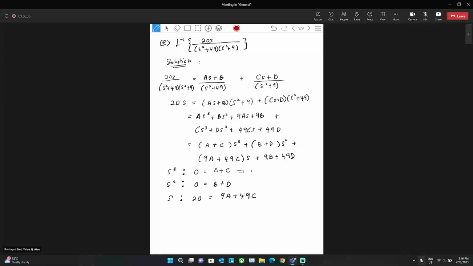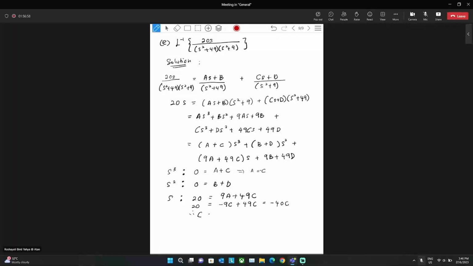We know that A equals negative C. So 20 equals negative 9C plus 49C, so equal to 40C.